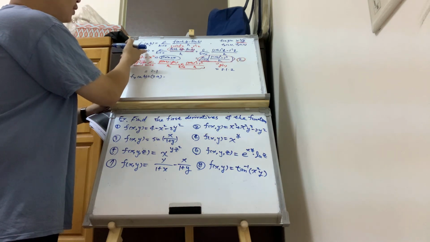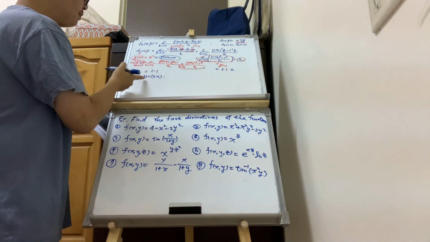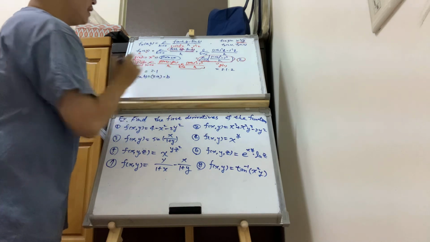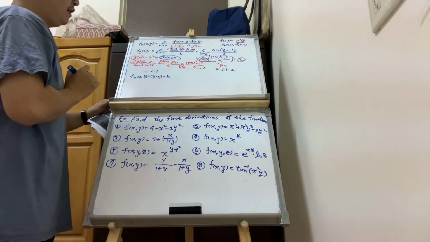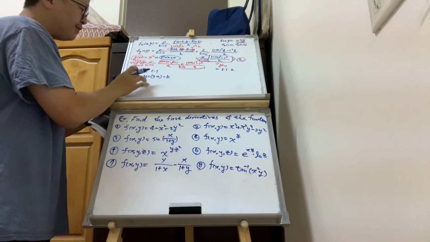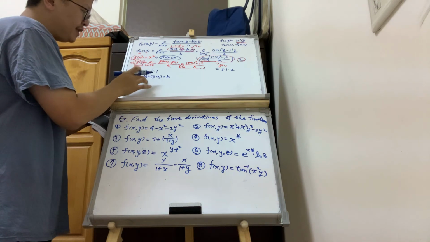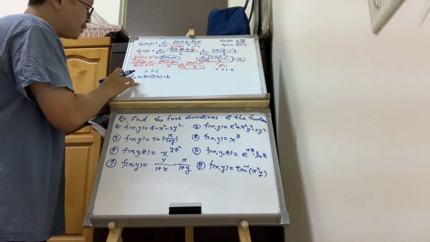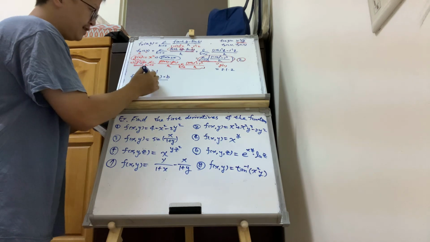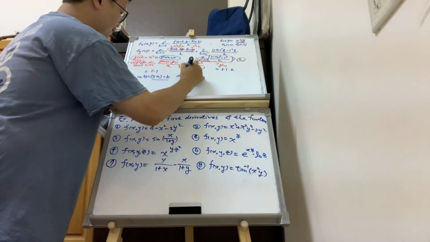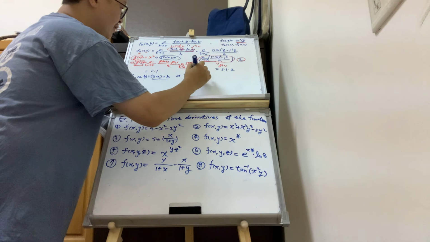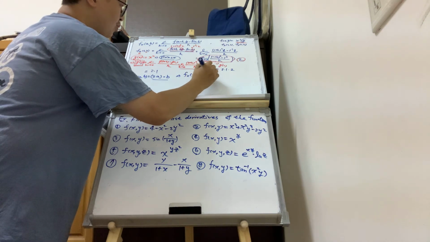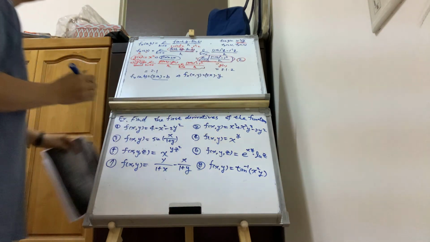In this example y equals 2, but in general it's b, so 2a times b. And for every point (a, b), its partial derivative with respect to x is this one. So the function is 2x times y, right?